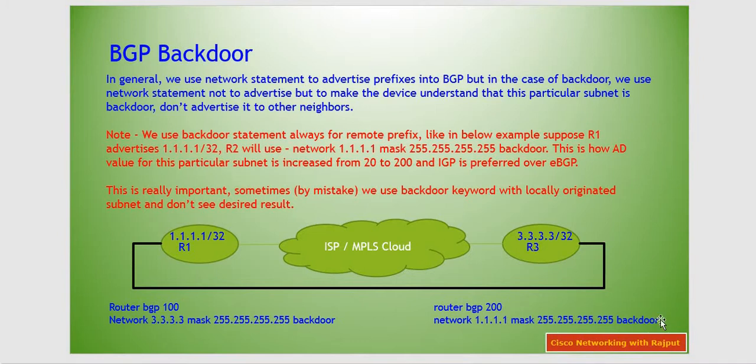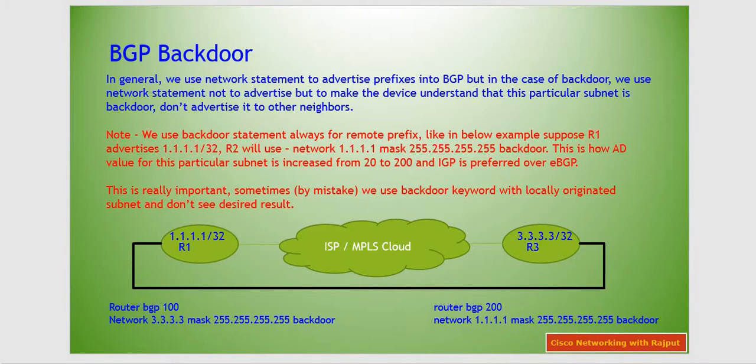In all other cases, we enter the network statement for whatever we want to advertise. But in the case of backdoor, we enter the network statement and backdoor keyword for the remote prefix that we are getting from our remote neighbor or remote peer, and we want to increase the AD value of that particular network.